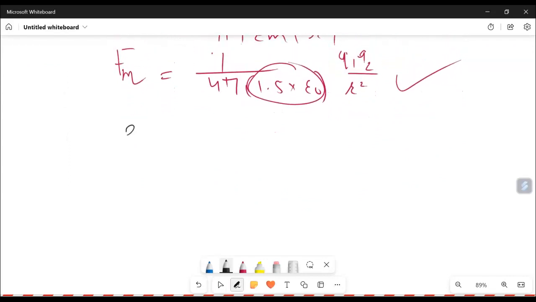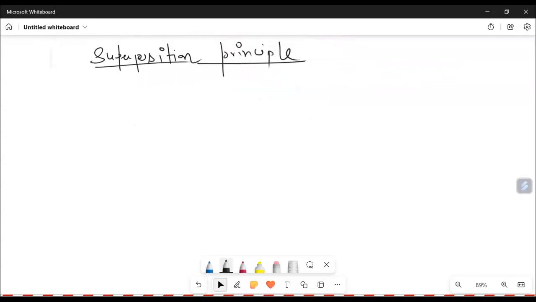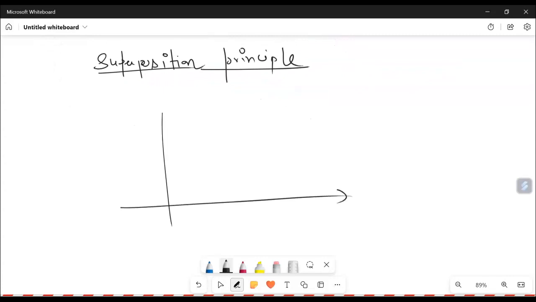We are also going to understand the superposition principle. This is a very common principle. Suppose there are multiple charges in a vicinity: Q1, Q2, Q3, Q4.